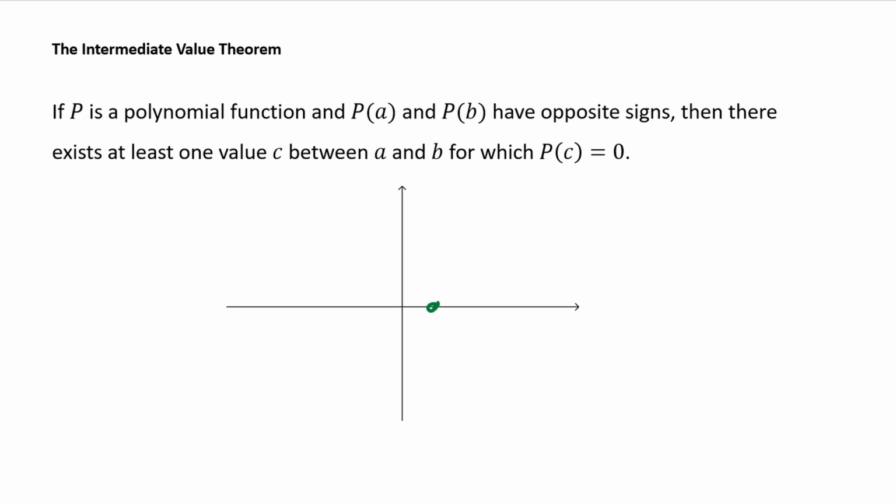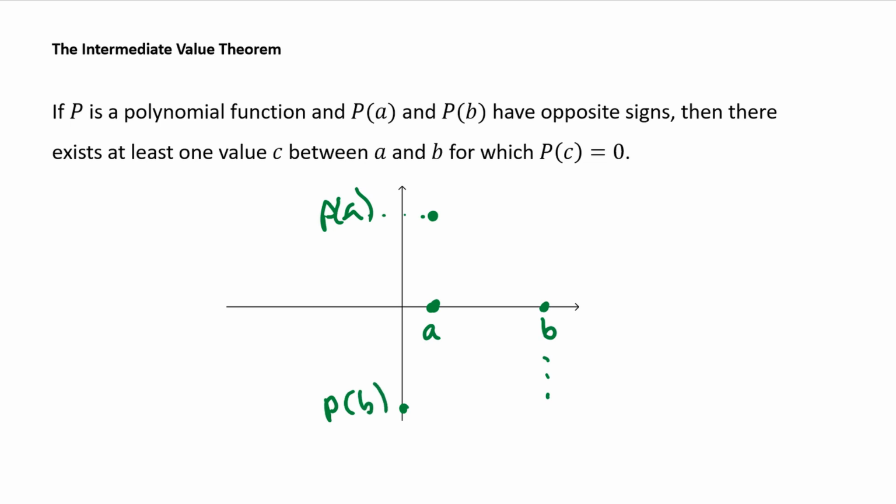I'll plot the point A in the first quadrant, and I will also plot B in the first quadrant, but some space to the right, and I will define a particular value in the first quadrant that corresponds to P of A, and another particular value in the fourth quadrant that corresponds to P of B.